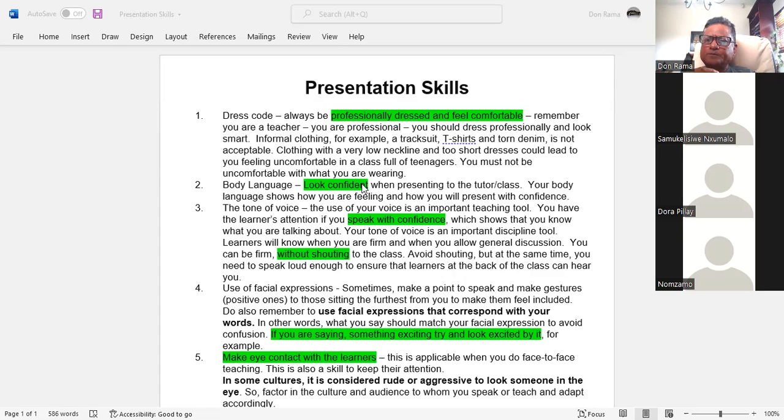Now, I always tell my students, how are you going to make out whether you are presenting well? Go and stand in front of the mirror and present to yourself. Pretend that you're presenting to the class, but you are able to see yourself presenting.